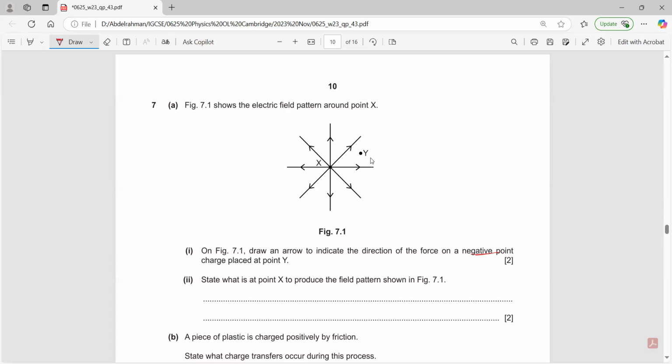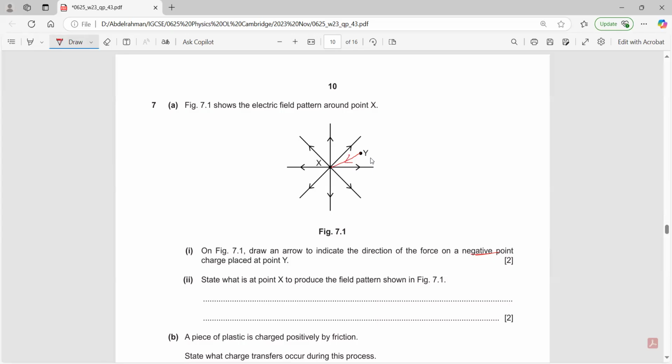A negative charge will always move in the opposite direction of the arrows, meaning that X is a positive charge. So Y will move inwards, towards the center. You need to draw the arrow from Y quite clearly towards the center.